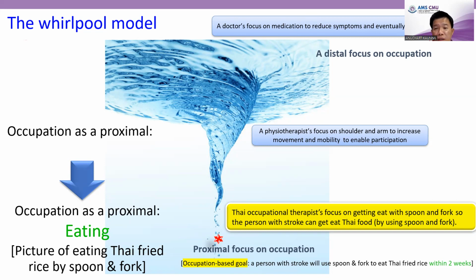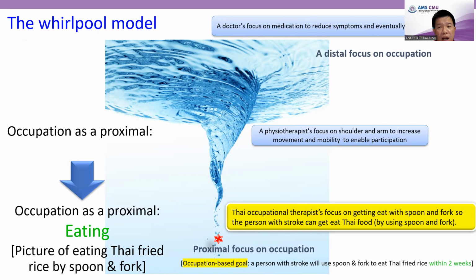Physiotherapists focus on shoulder and arm to increase movement and mobility to enable participation. That is the job of the PT. Have a look. If we duplicate this gray zone, it looks like it intersects together. Sometimes we can do it if PT is lacking, but PT can help you, but you must not forget how to enable the client to do this occupation.